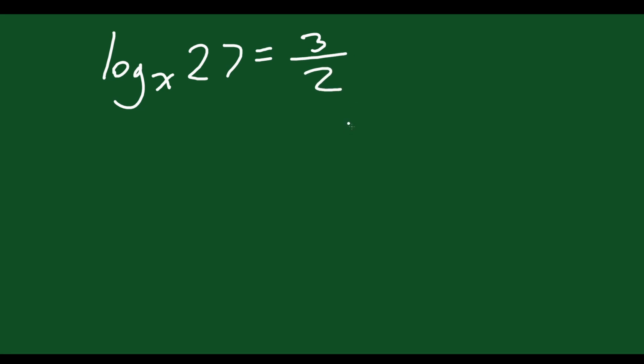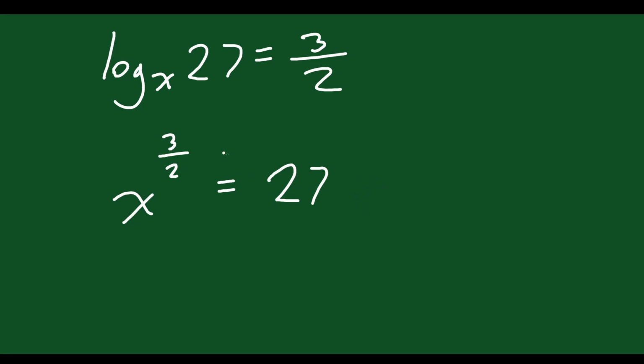Next one. Log base x of 27 equals 3 over 2. What can I do here? Well, let's rewrite this as an exponent. x to the exponent 3 over 2 is equal to 27, right? You go around the horn like that. And how can I solve for x in this case? Well, rather than do trial and error, what I would say is get rid of the exponent on the x by putting an exponent on 27.